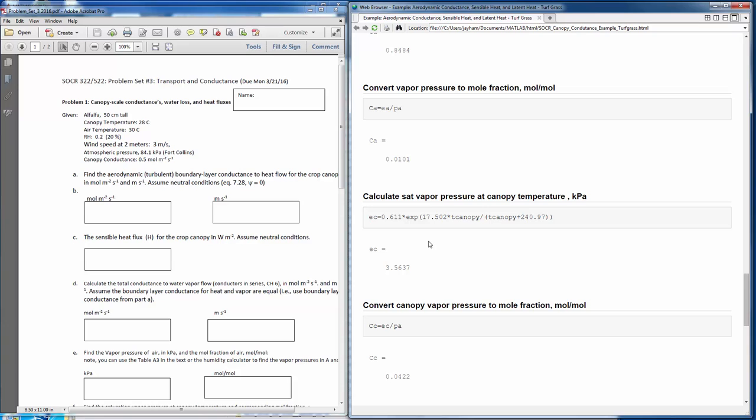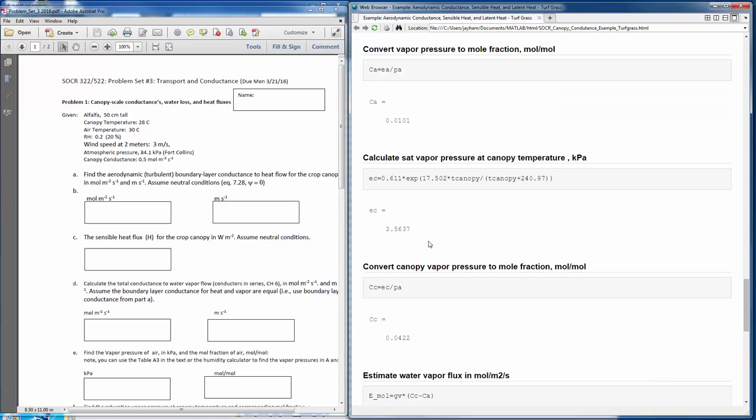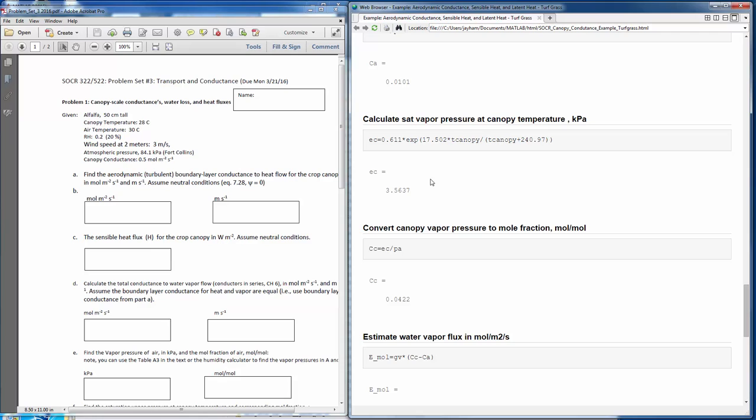Now we need to calculate the saturation vapor pressure at canopy temperature. Again, we use our same Teton style formula, except now canopy temperature is in here instead of air temperature. Okay, and we want the saturation vapor pressure, right? So here we just say the vapor pressure inside the leaves of the canopy is at 100% relative humidity, and we get 3.5 kilopascals.